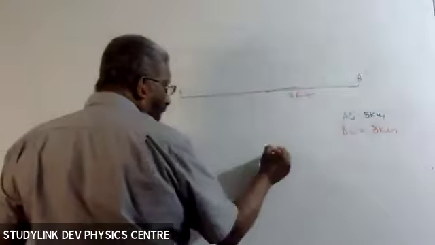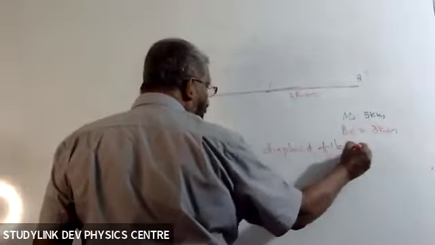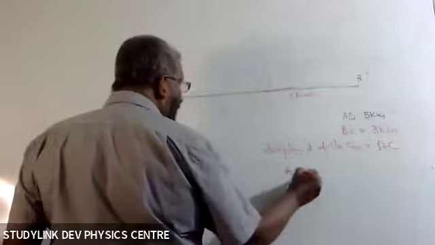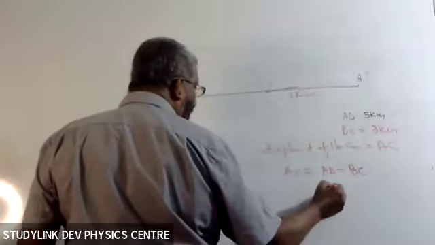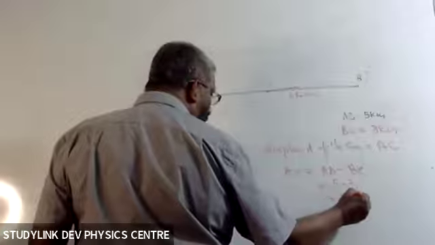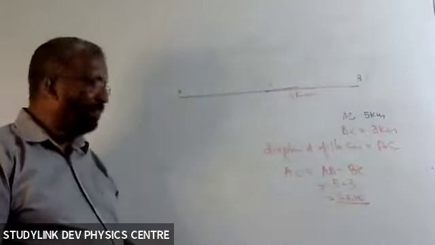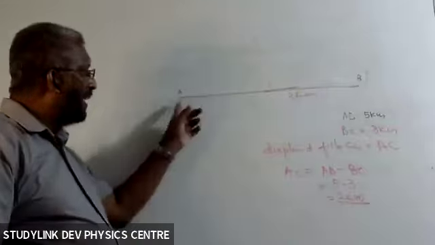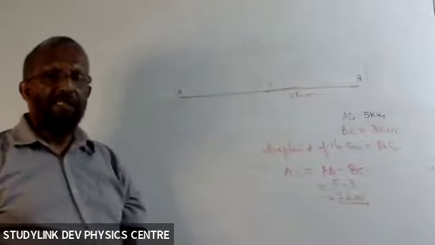Then displacement of the car is A to C, AC. AC is equal to AB minus BC. AB is 5 minus 3, 2 kilometers. Direction A to C is east. So 2 kilometers to the east is the answer.